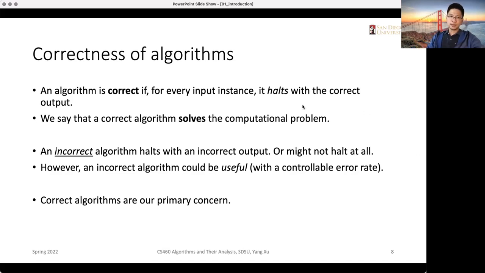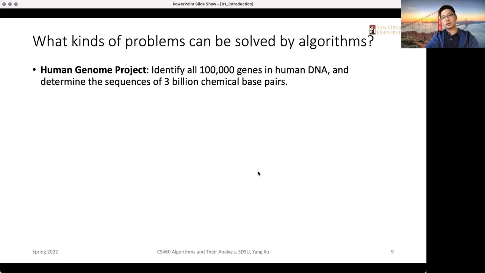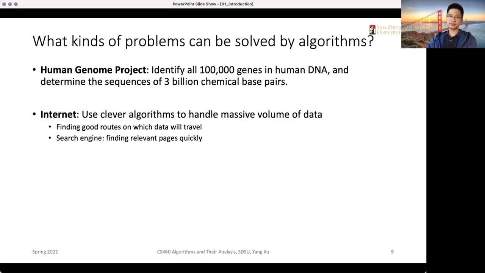Okay, but now let's look at more of the examples that we will probably go through within this course. The first example is the human genome project. For example, we want to identify all the genes in human DNA and determine the sequences of 3 billion chemical base pairs, which is a very challenging task, right?